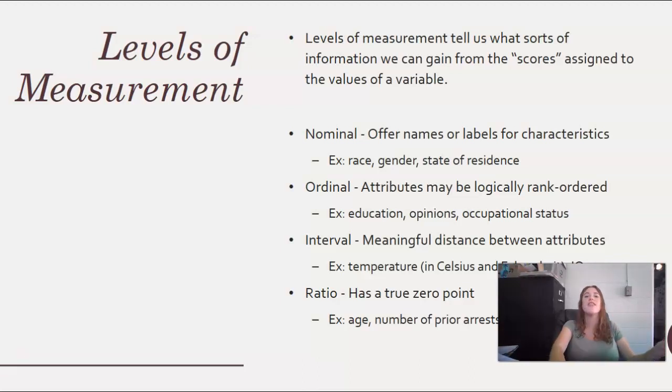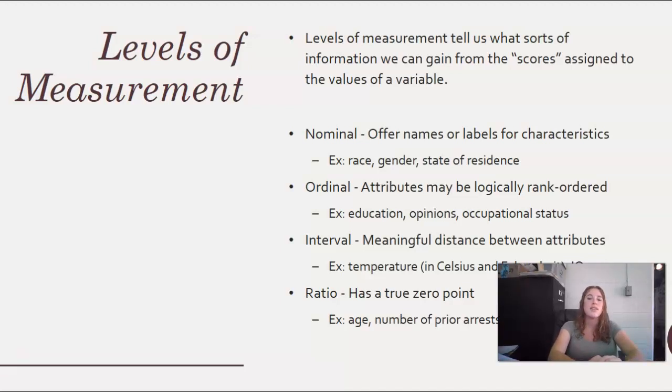Okay, and then our final level of measurement is going to be ratio measures. And here we have a true 0 point. So this means that the 0 on the scale is meaningful. So we can take age, for example. If you say that someone is 0 years old, it means that they have not been alive for a whole year yet. It doesn't mean that they're not alive, because you can be 1 month, 2 months, 3 months, but we're talking about years. And so 0 years means that you have not even been alive for a whole year.